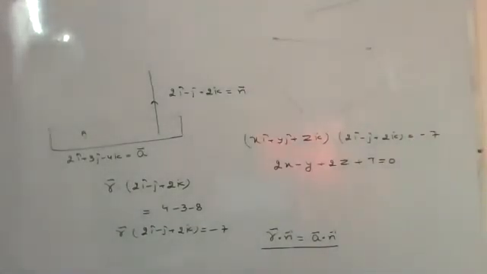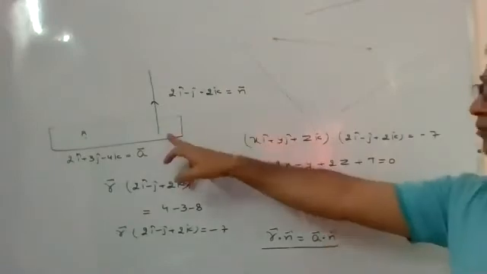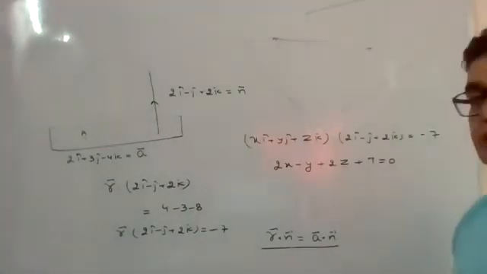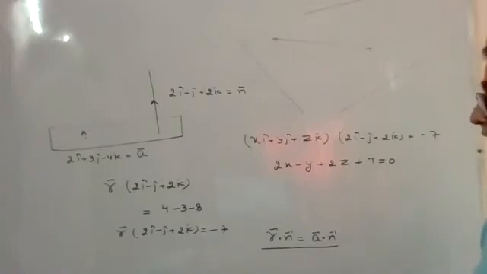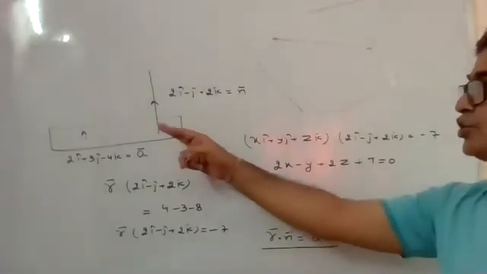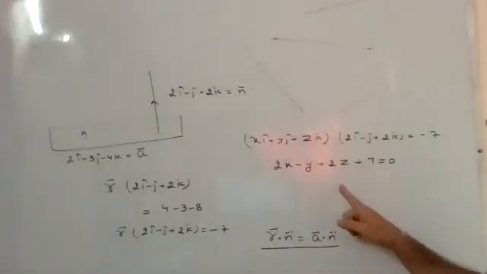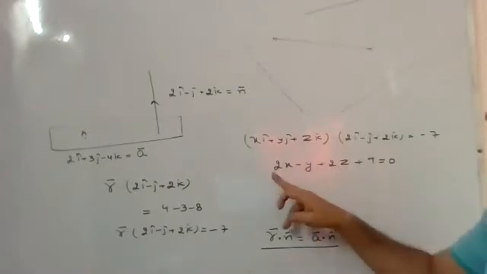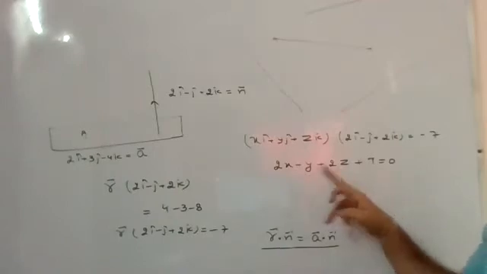This is called the equation of the plane in Cartesian form. Is there any doubt? And if I ask what the direction ratios of the normal to the plane are from this equation: 2, minus 1, 2, because they are the coefficients of x, y, z.